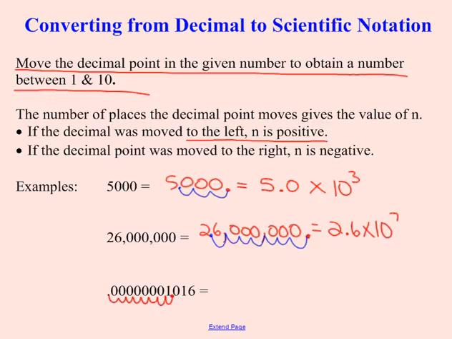If I move it to right there, I'll have the number 1.016. And I moved that 8 places to the right, so if it's moved to the right, the n is negative. So we have 1.016 times 10 to the negative 8th for our last example there.